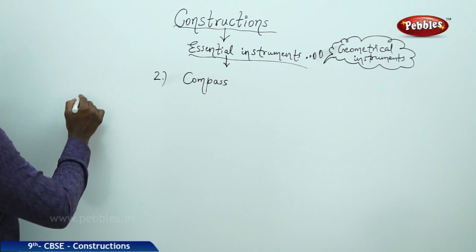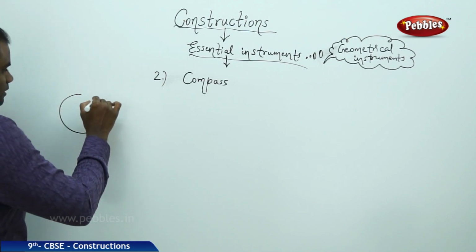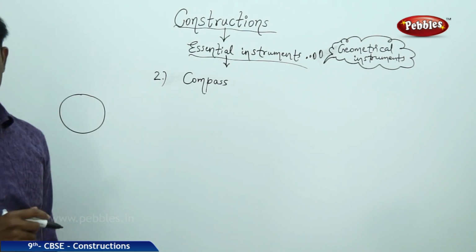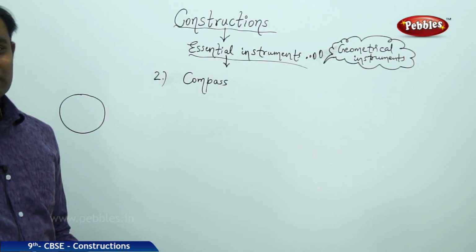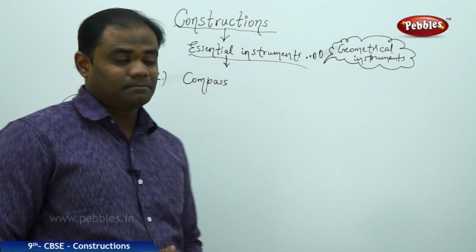Imagine I have a circle drawn by hand. I may not get a perfect circle. But if I take a compass and draw a circle, it would be exactly perfect.